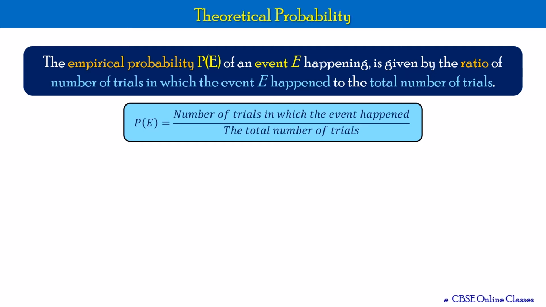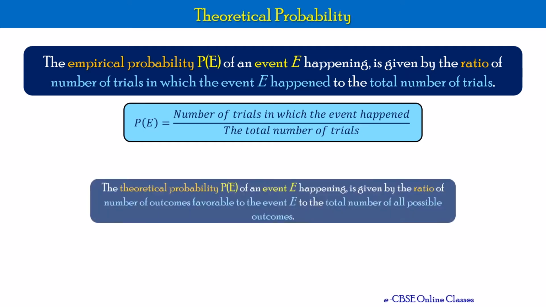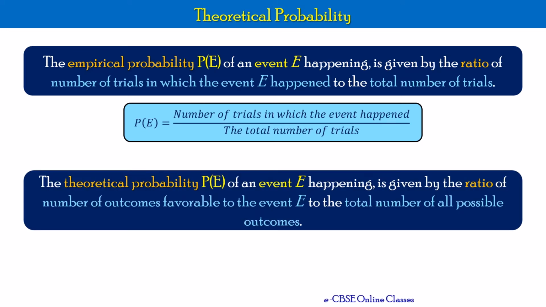Now let's look at the definition of theoretical probability. The theoretical probability P(E) of an event E happening is given by the ratio of the number of outcomes favorable to the event E to the total number of all possible outcomes. Observe the keywords here: favorable to the event and all possible.